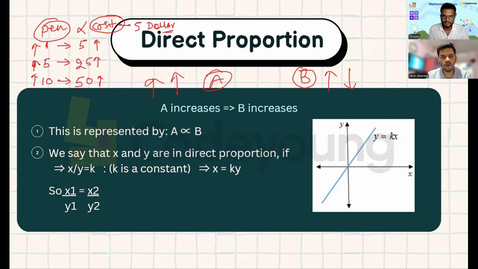If I consider this as X and this as Y, then if the number of pens is increasing, the cost should also increase. Here is the number of pens at this point, and here is the cost.